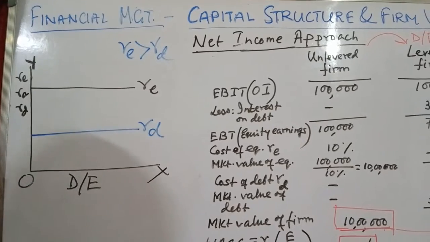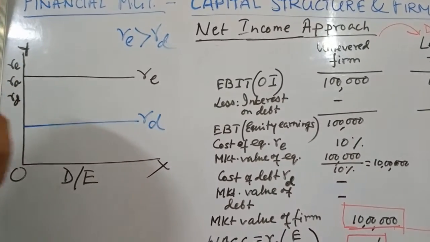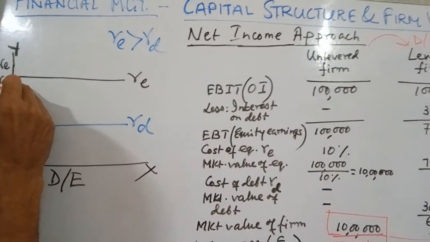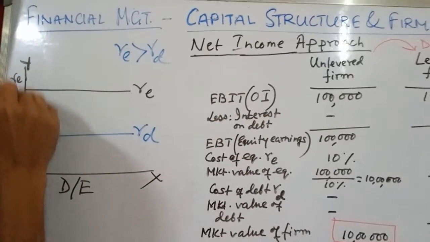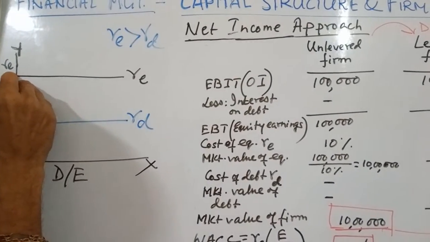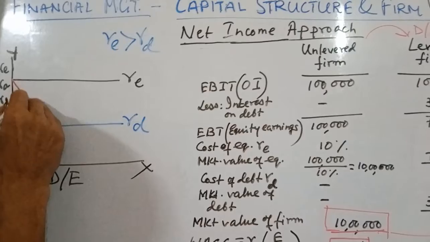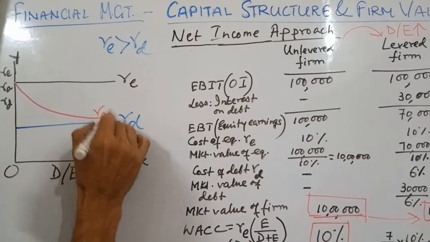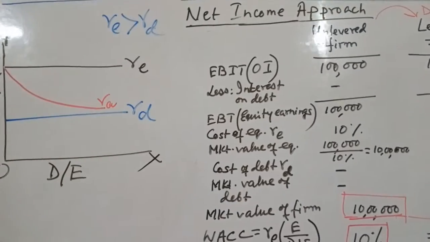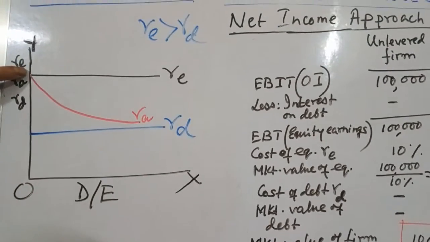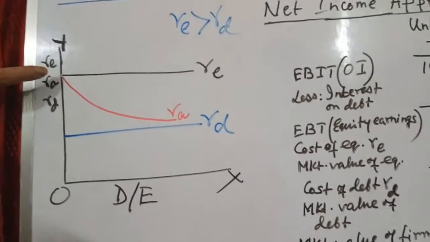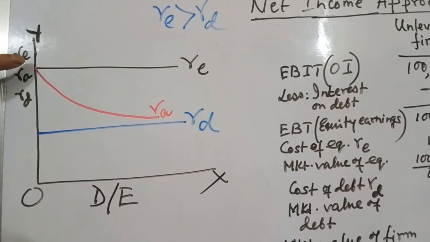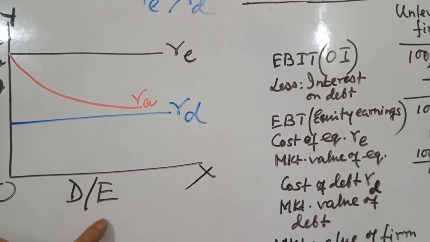Now in this scenario, RA starts from the intersection of RE and y-axis, and RA will come down like this. At this point there is no debt, debt is 0 because debt equity ratio is 0.